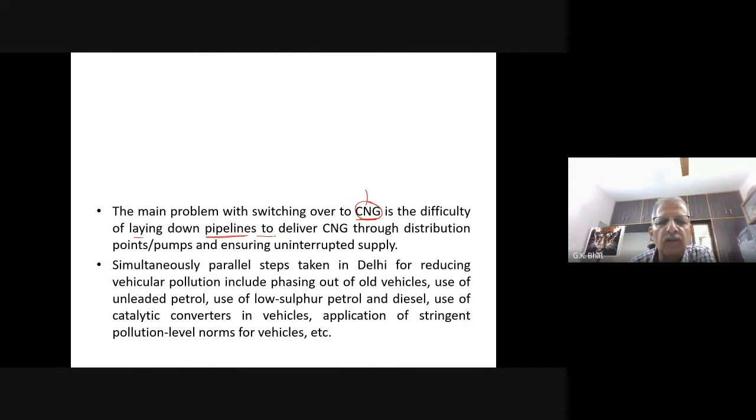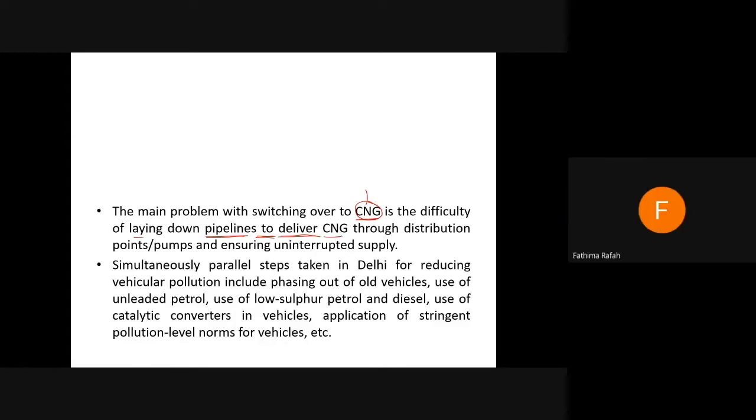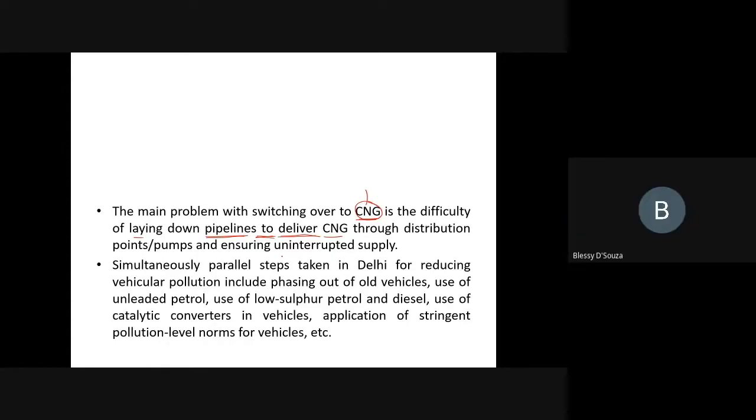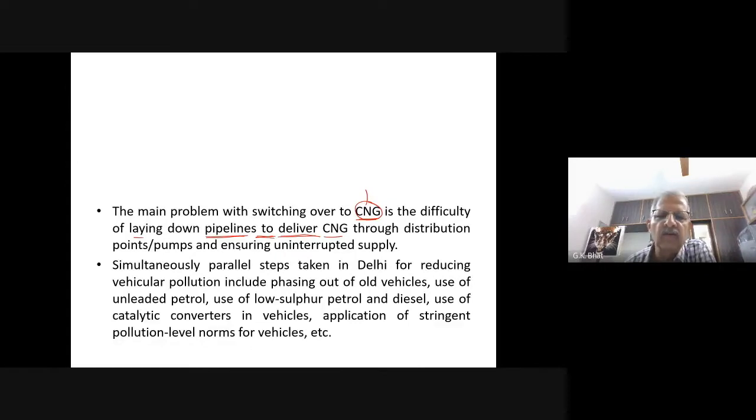Do you have CNG at Udupi? Petrol bunk with CNG? Rafa, you ride a vehicle? No, sir. Blessy? No, sir. Charan, you are from another place.